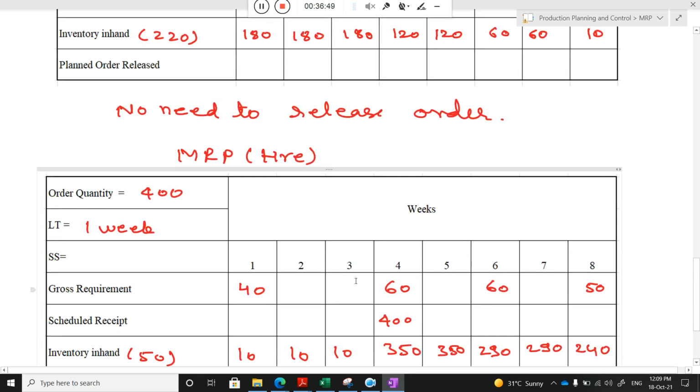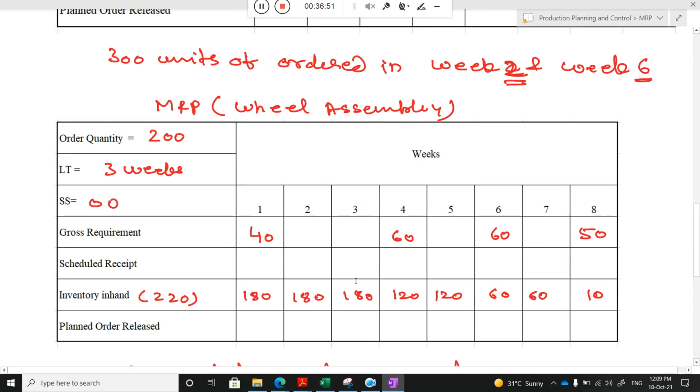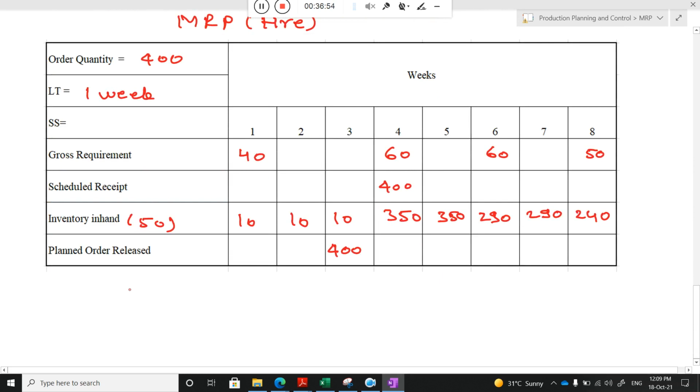Now we have prepared everything: 400 units of order release. There is some technical issue, but try to understand. I release 400 units of the order on week 3.